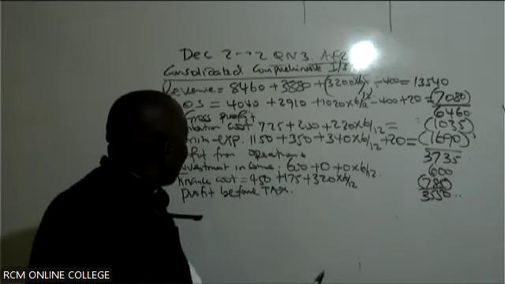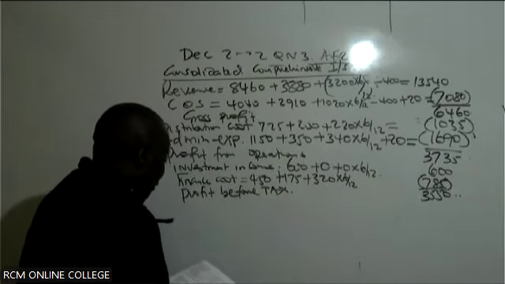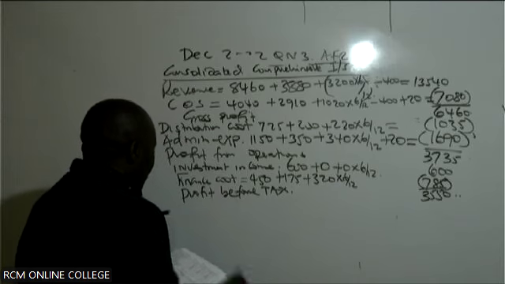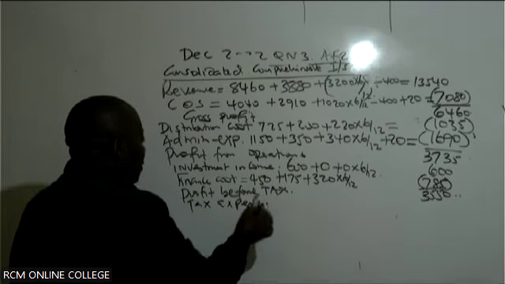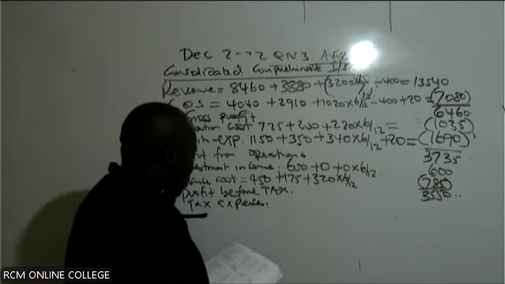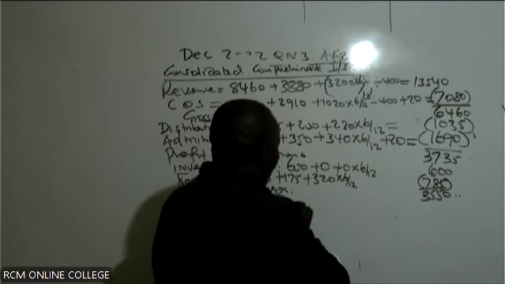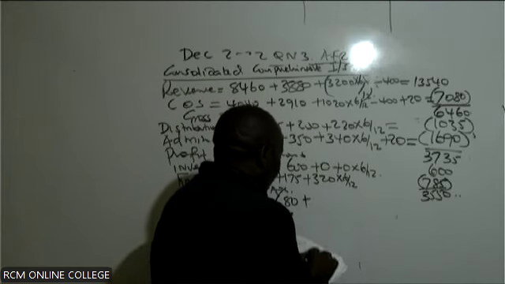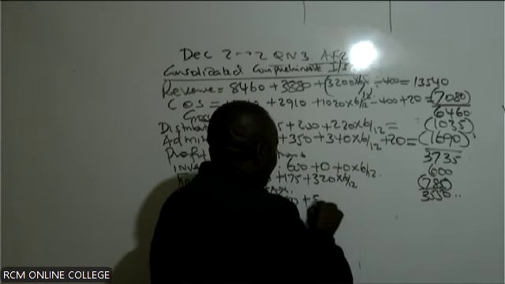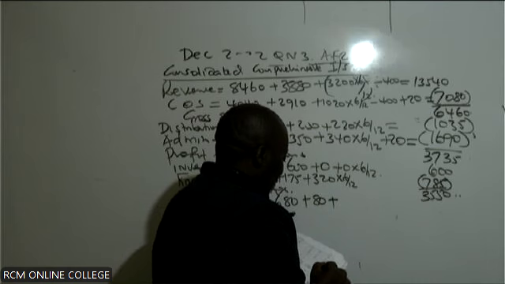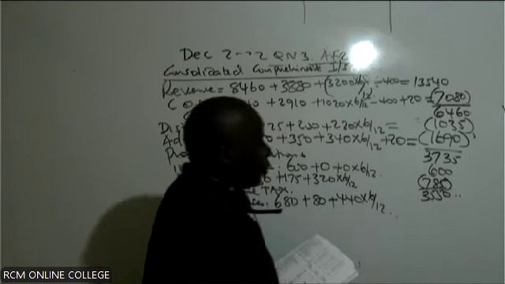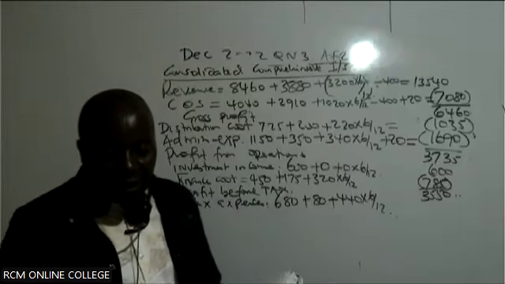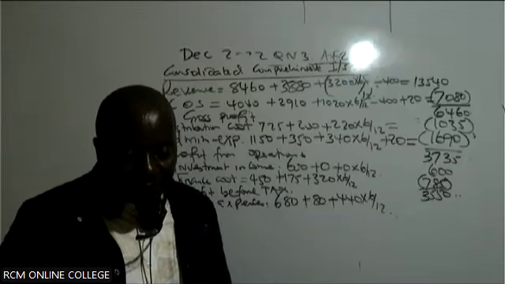Then, of course, taxation rarely. Taxation is free marks. So we have their tax expense. What do we have here as our tax expense? I can see 680 plus 80 plus 440 times 6 over 12 times 6 over 12. What do we have there as our taxation?